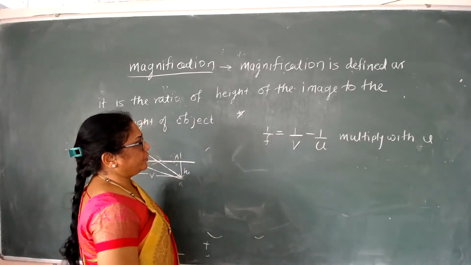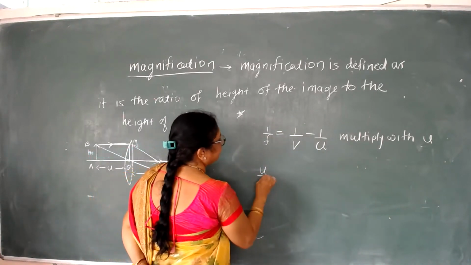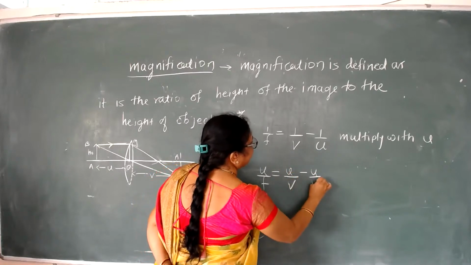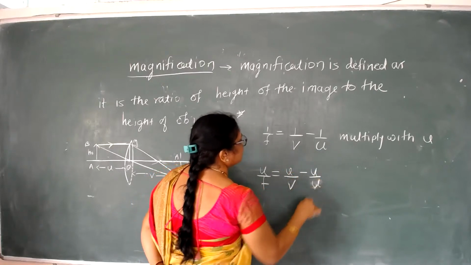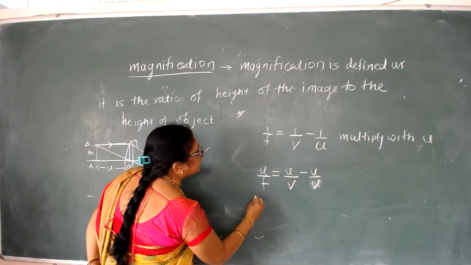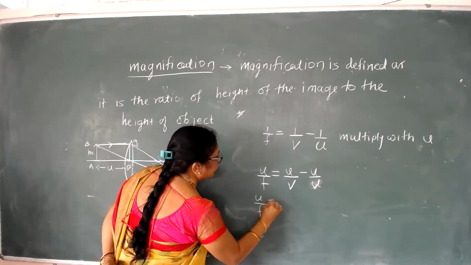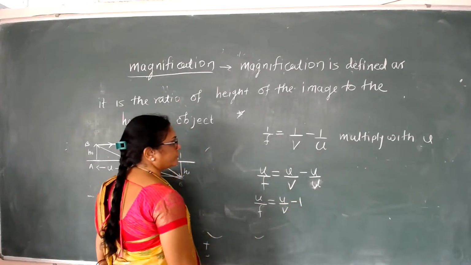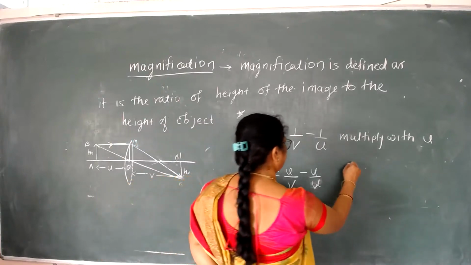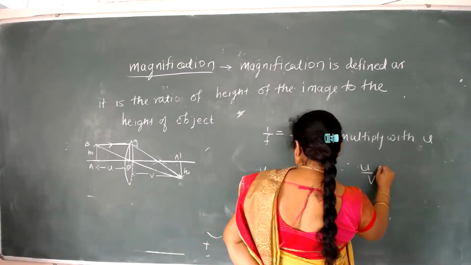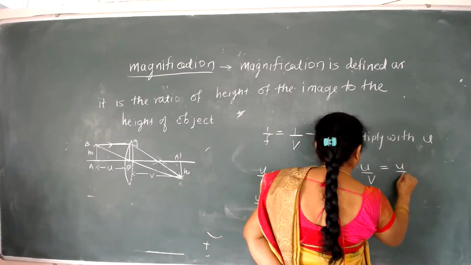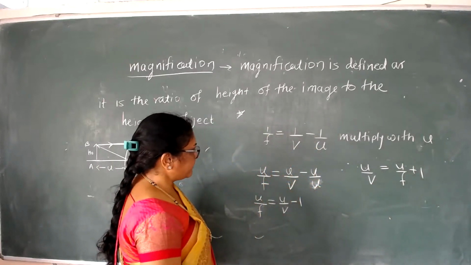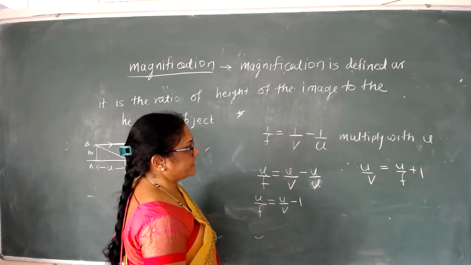Multiplying both sides with u, u by f is equal to u by v minus u divided by u. So this value is 1. Therefore, u by f is equal to u by v minus 1. Therefore, u by v is equal to u by f plus 1.